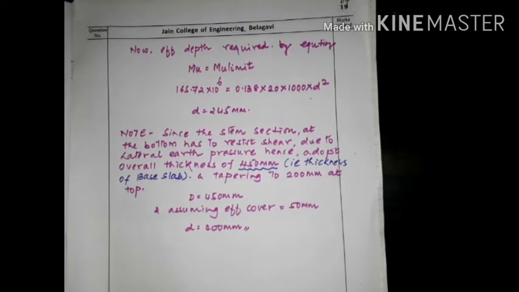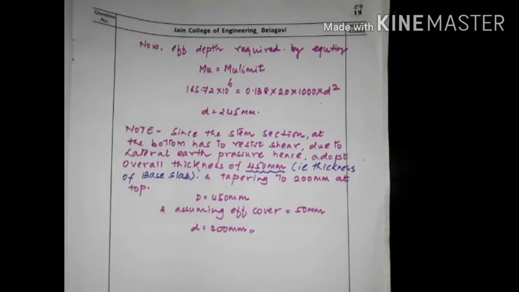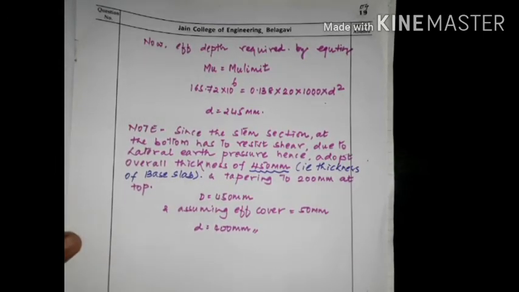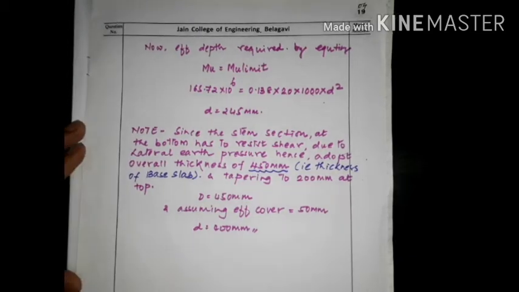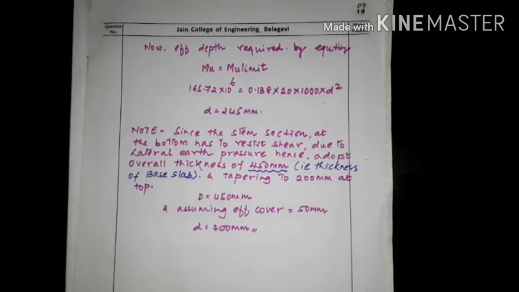So in the previous session I had started a discussion with design of retaining wall. In that we had finished with the dimensions of retaining wall, and after fixing the dimensions I had begun with design of stem.